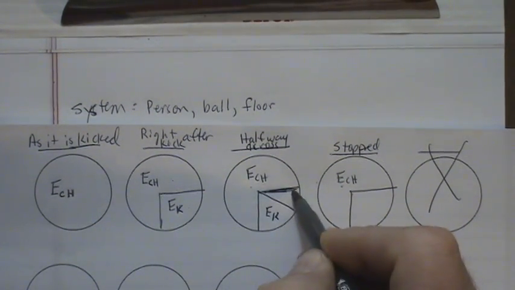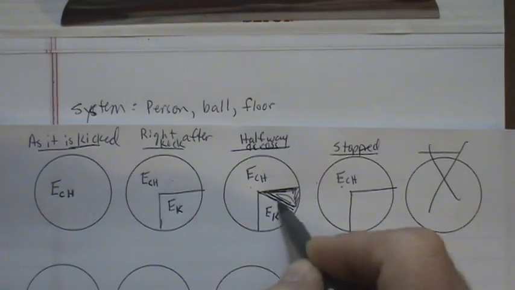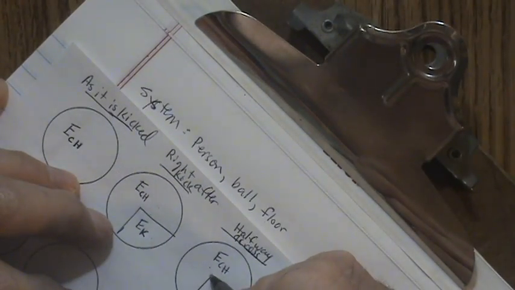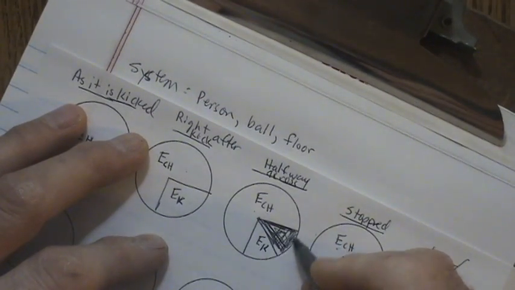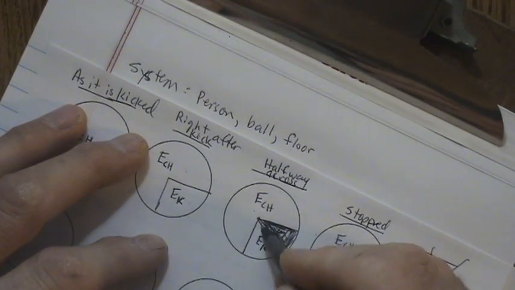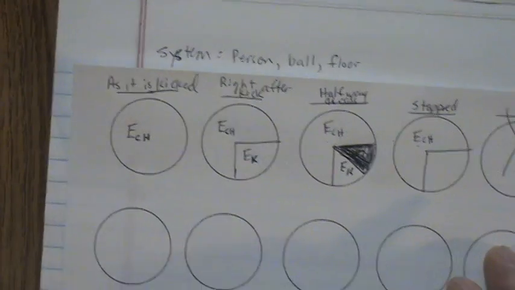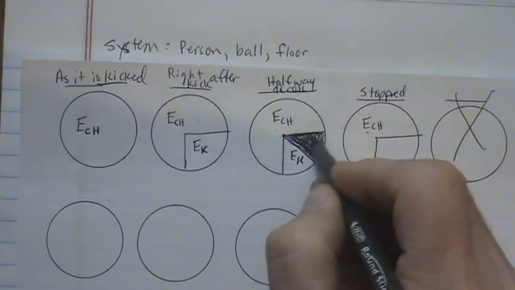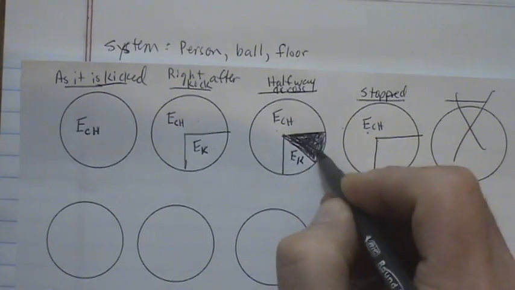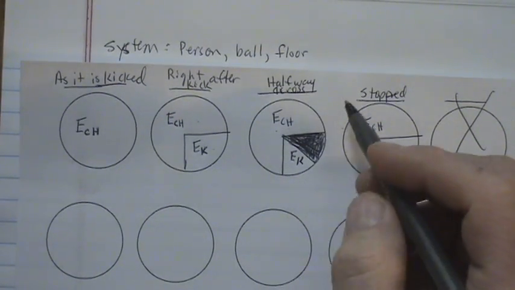And what happens is the floor, through some friction, is changing that energy type into thermal energy. And thermal energy for these diagrams, rather than labeling it ETH, it's better if we just black it out. Because once again, once energy becomes thermally stored, it really cannot change storage types back into something else.